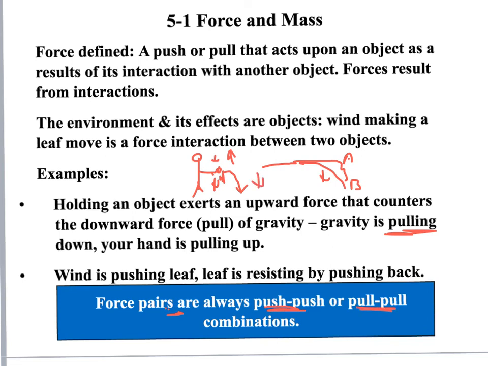So if gravity's pulling downward, you're pulling up against gravity to keep that ball from falling. So your hand's pulling up, and then the wind is pushing the leaf, and the leaf is resisting by pushing back. And if the force overcomes that resistance, it'll rip the leaf off the tree and carry it away with it. So either way, force pairs are always a push-push combination or a pull-pull combination.